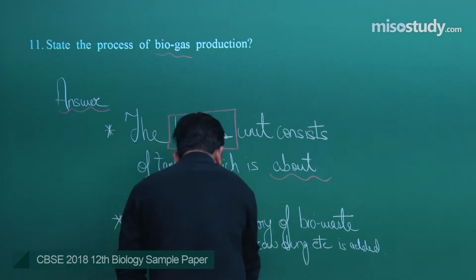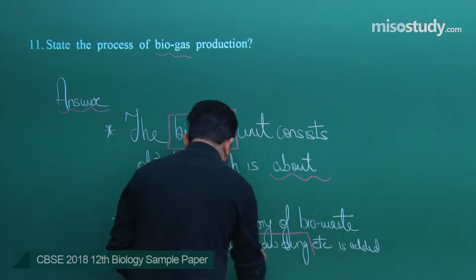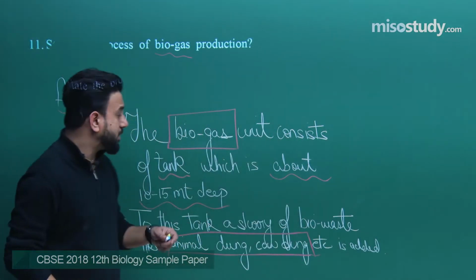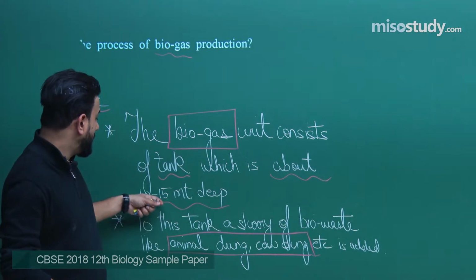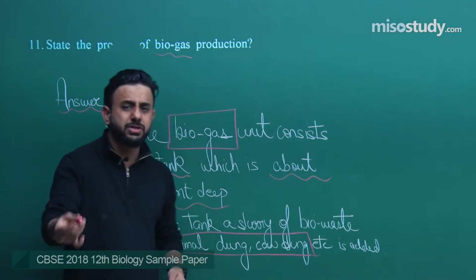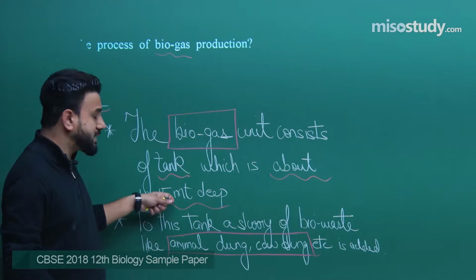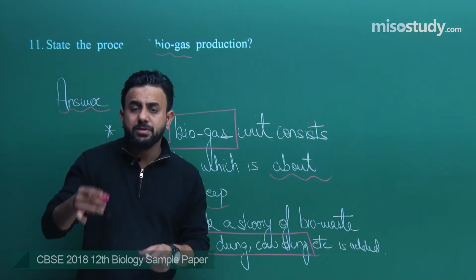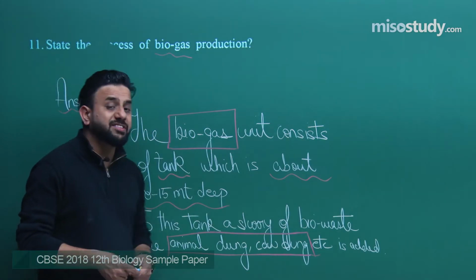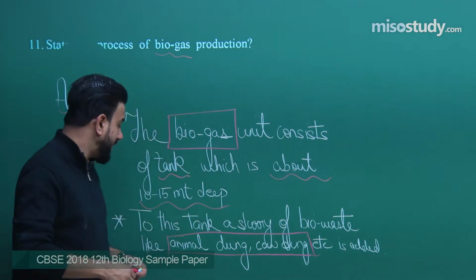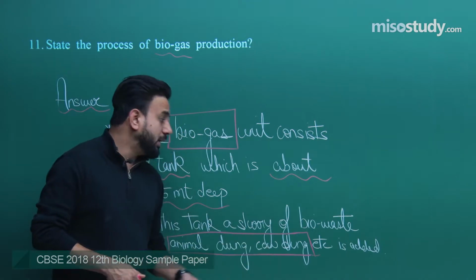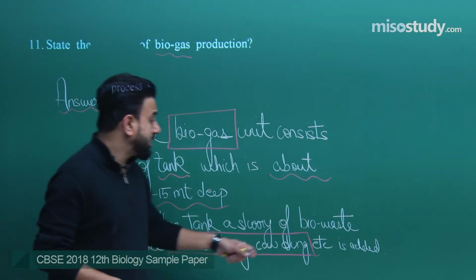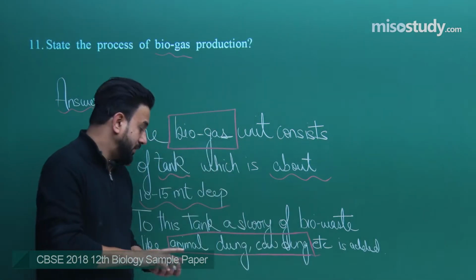Getting it? So there is a tank which is about 10 to 15 meters deep, and to this tank we add a slurry of bio waste like animal dung, cow dung, etc.